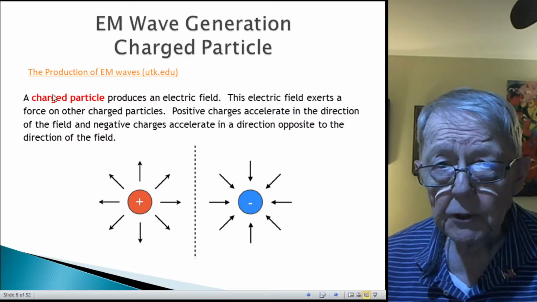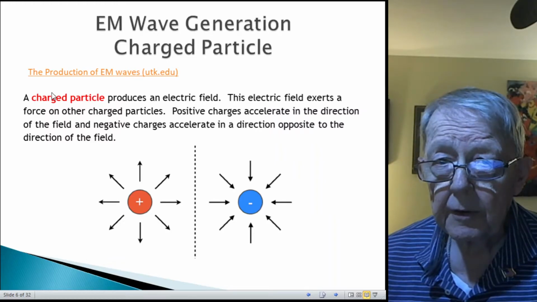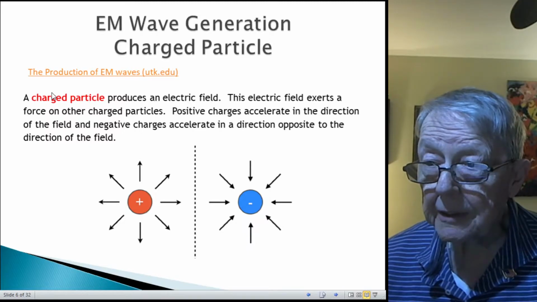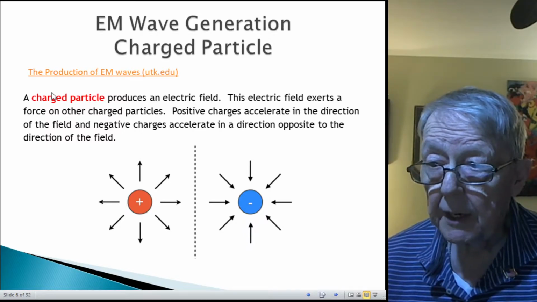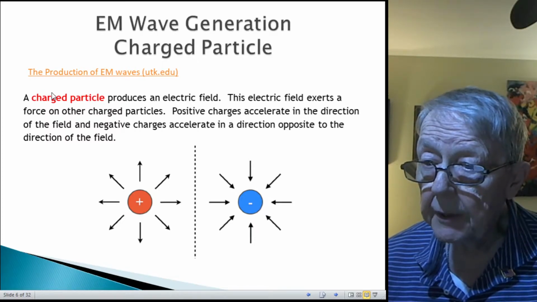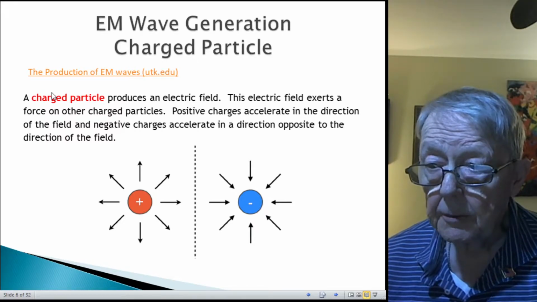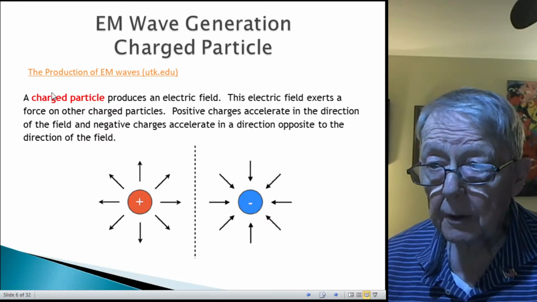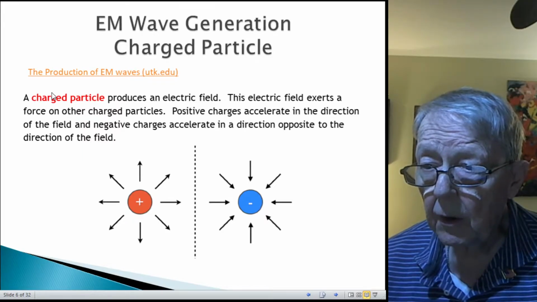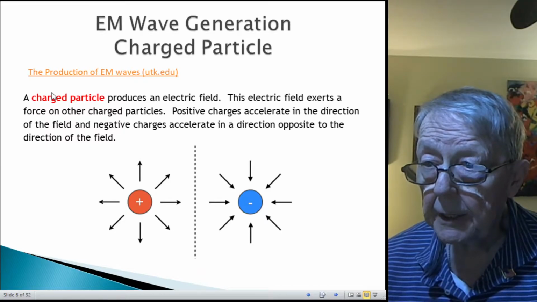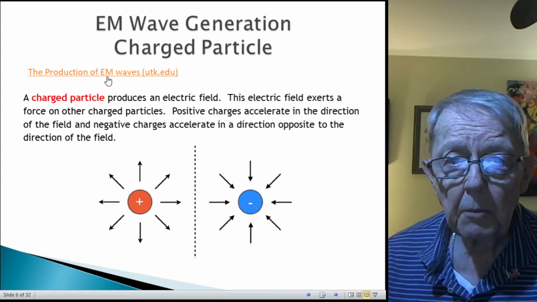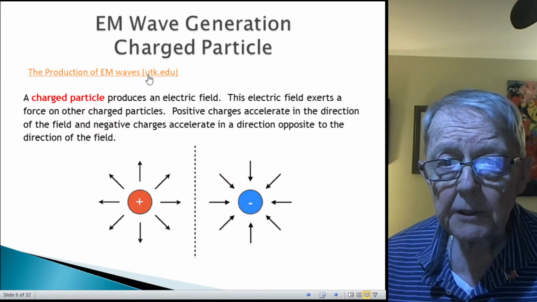It talks first about a charged particle that is not moving, then about a charged particle that is moving at a constant velocity, and then finally about an accelerating particle, a charged particle in all cases. By going through those steps, they explain how you get an electromagnetic wave. This was from the University of Tennessee in Kentucky.